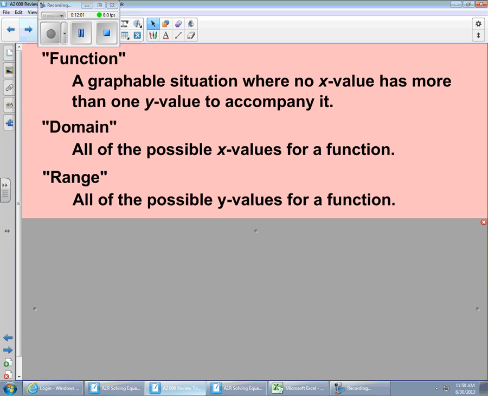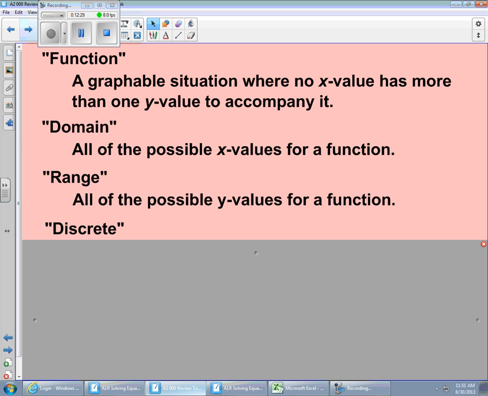Alphabetically, domain comes before range, D comes before R. And if you think about the axes you're working on, you've got an x-axis and a y-axis. Alphabetically, x comes before y. So you've got D before R, x before y. The D and the x go together, the R and the y go together. Domain is x, range is y. Maybe that'll help you keep it straight.